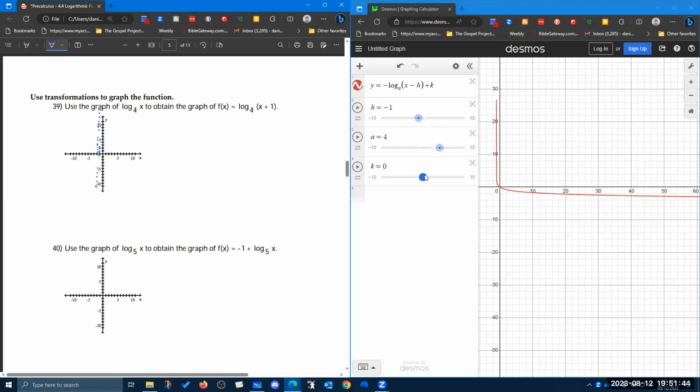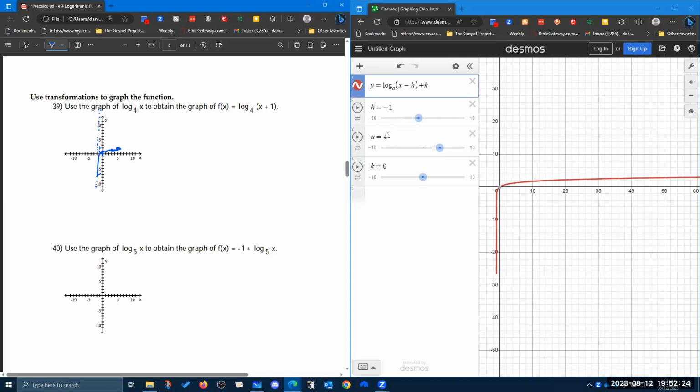Sorry, no negative there. And we're going to go through the point 0, 0. We're going to go through the point 3, 1. That's the only point I can go through. So it's going to level off like that.